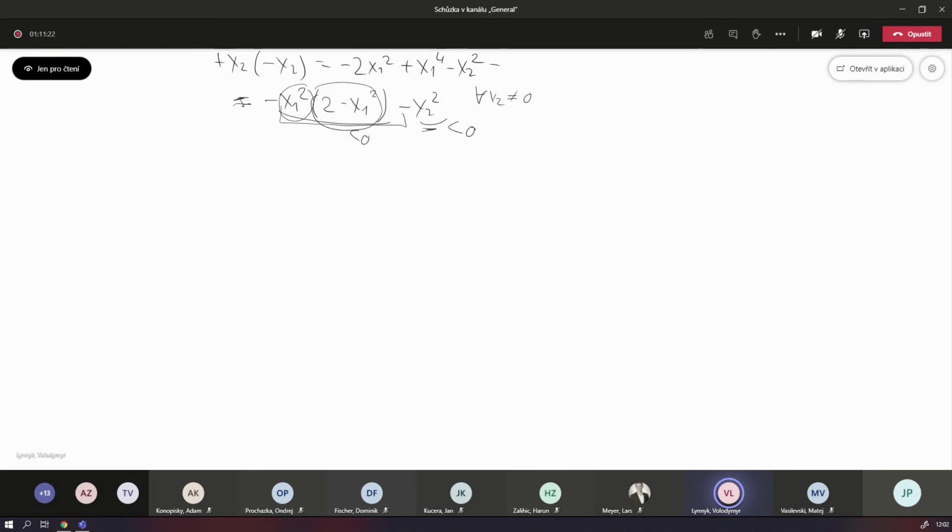You know that 2 minus x1 squared is greater than 0, then it works, and x1 smaller than square root of 2.